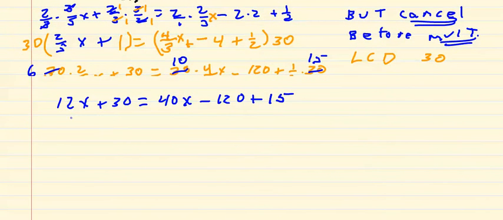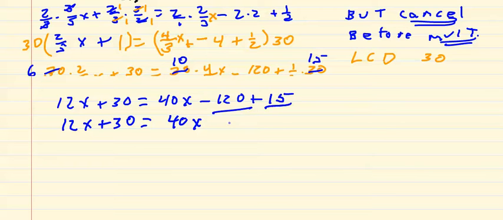And before I do anything else, my negative 120 and my positive 15 add together to give me minus 105.